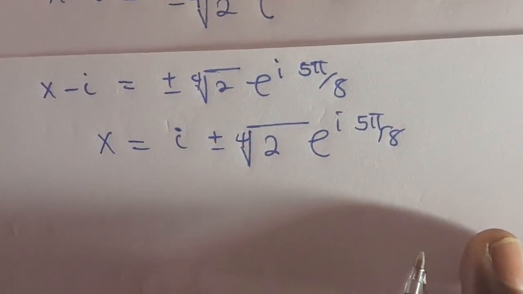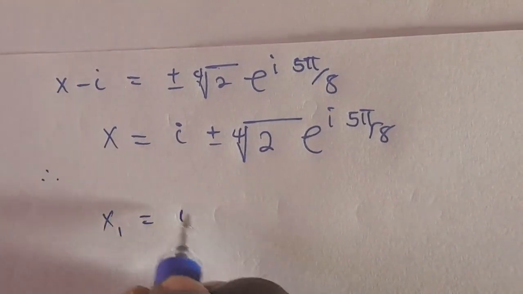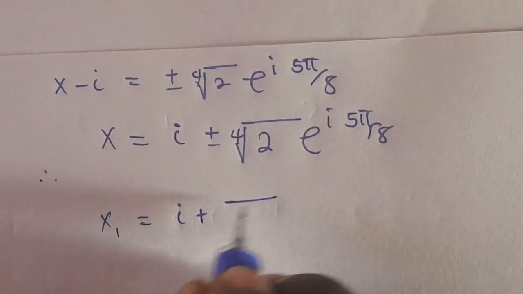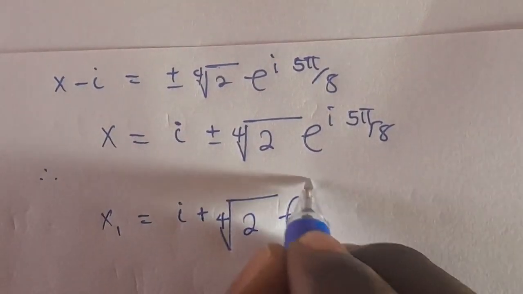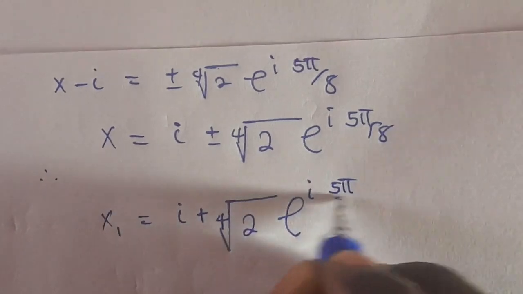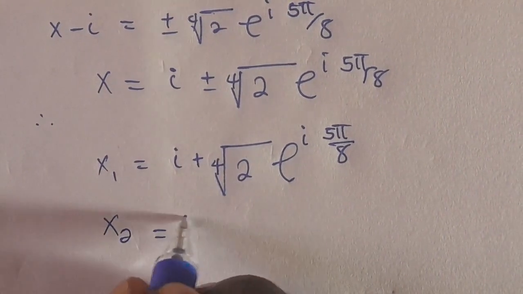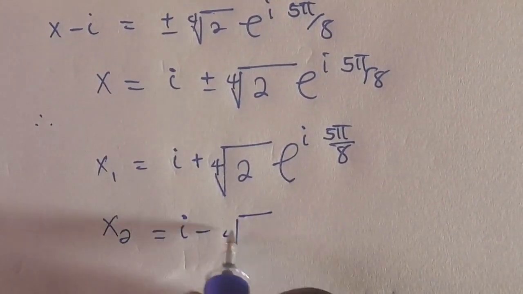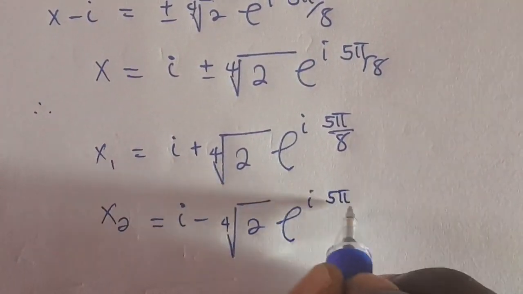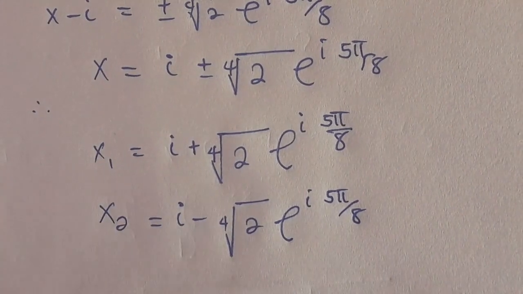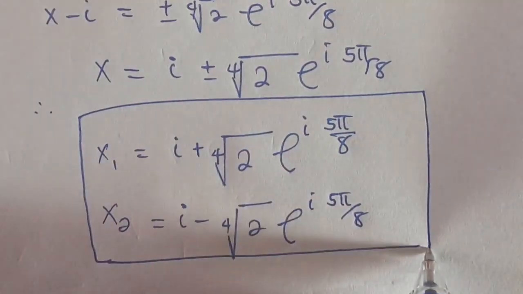We can declare finally that x1 equals i plus the fourth root of 2 e to the power of i 5 pi divided by 8, and x2 equals i minus the fourth root of 2 e to the power of i 5 pi divided by 8. So these are the solutions.